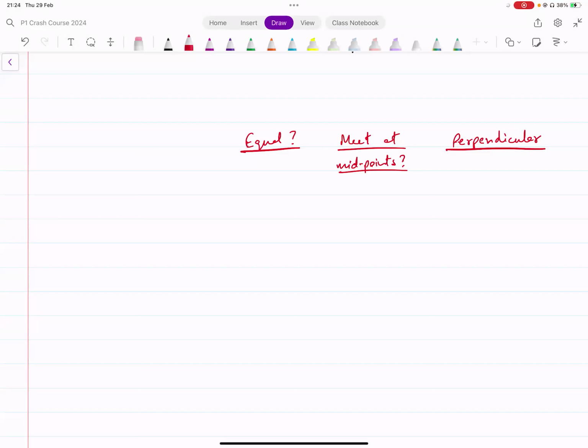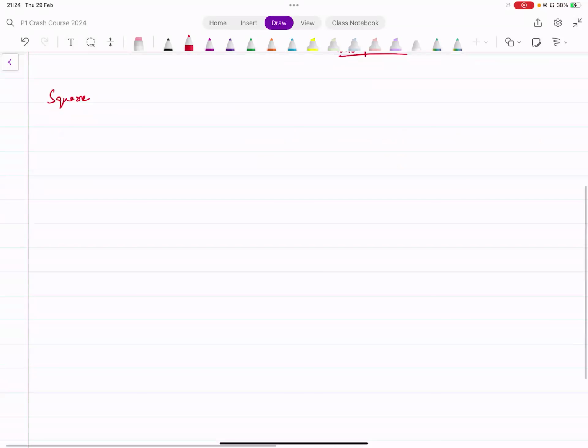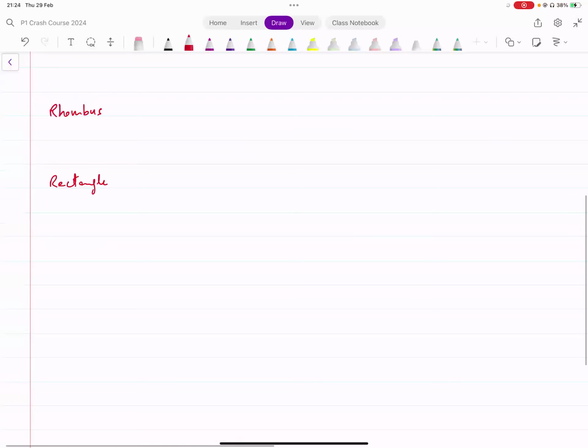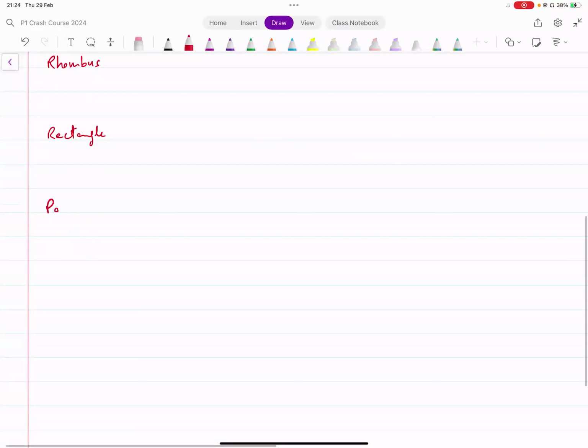Okay, now what different quadrilaterals are we going to be talking about? Square, we talked about this already. Then we are going to have a rhombus. Then we would have a rectangle. And then a parallelogram.